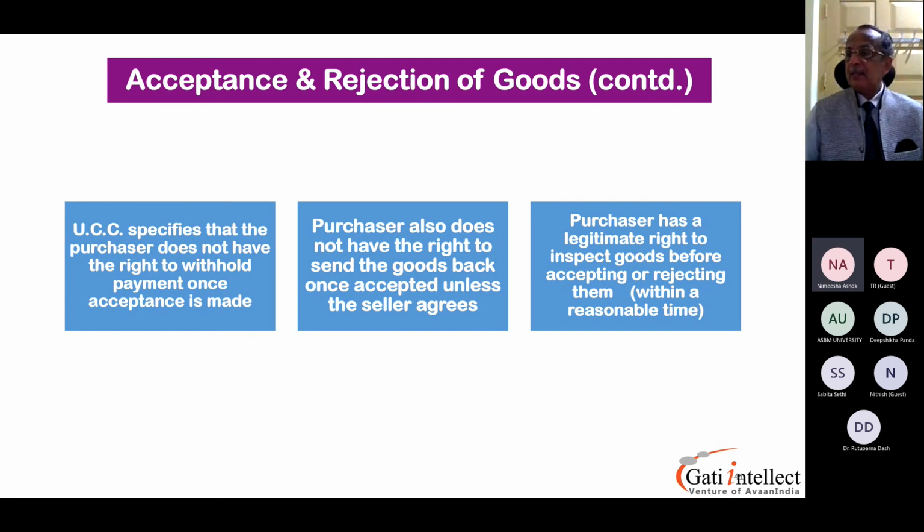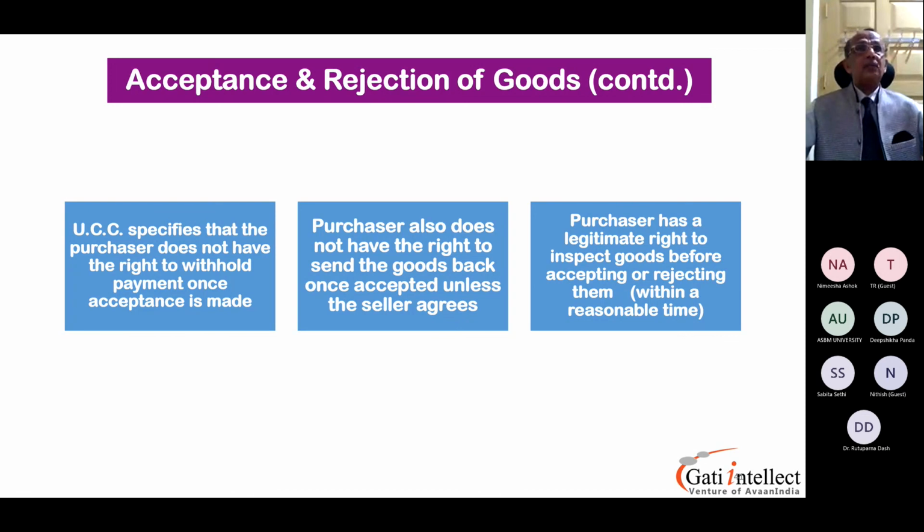Thank you. Now let's look at the second point. We'll move fast. Purchaser also does not have the right to send the goods back unless accepted by the seller. You have to intimate your seller that the items are damaged and get their permission, then only are you allowed to send it back.